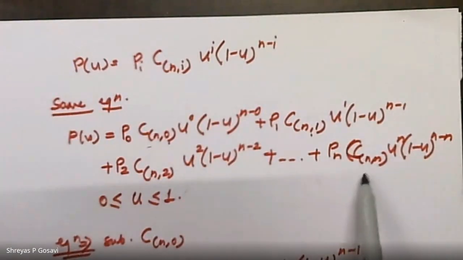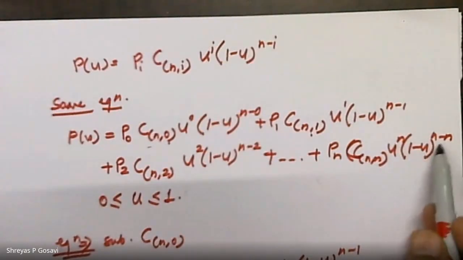Okay. So the value of c of n, n was 1, so replace it by 1, multiplied by u raised to n into 1 minus u raised to 0.